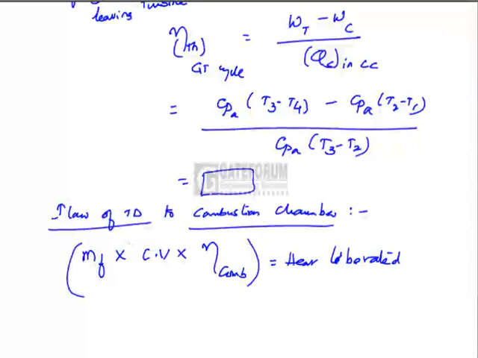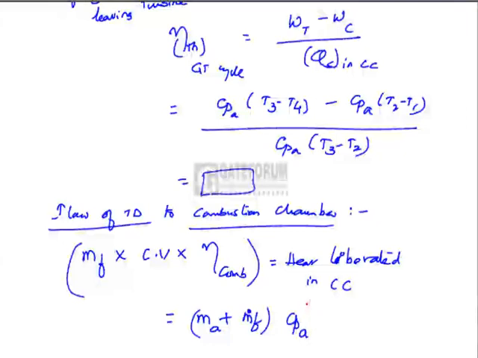in a combustion chamber, that is equal to mass flow rate of air used for combustion of the fuel plus mass flow rate of the fuel, that is total mass flow rate of the gases generated. Ma plus mf shall give the total mass of the gases generated into Cp of the air, because the gases are assumed to be the same as the air, having the same specific heat.